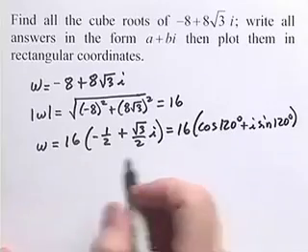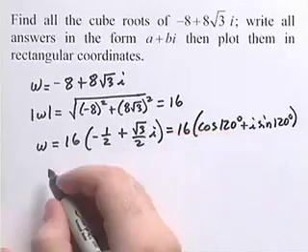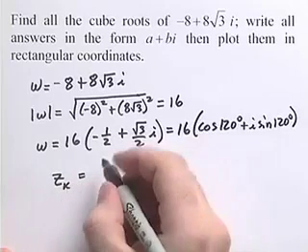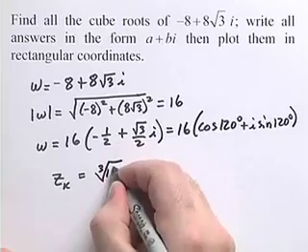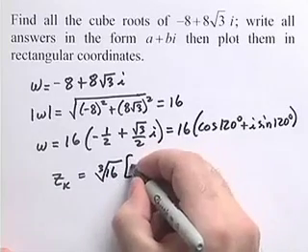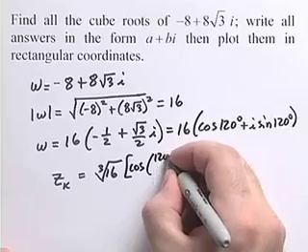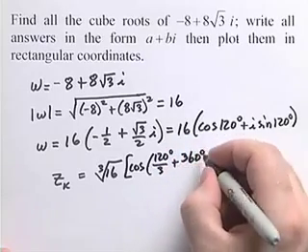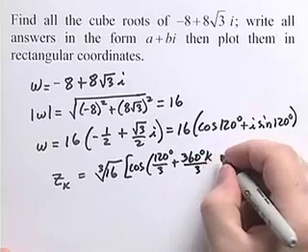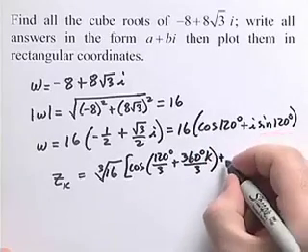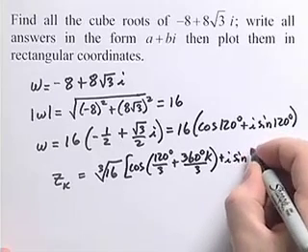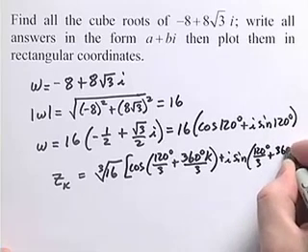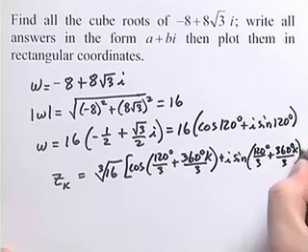Now we have our polar form. Using de Moivre's theorem, the three distinct third roots of w are going to be given by z sub k equals the cube root of 16 times cosine of (120 degrees over 3 plus 360 degrees times k over 3) plus i times the sine of (120 degrees over 3 plus 360 degrees times k over 3).